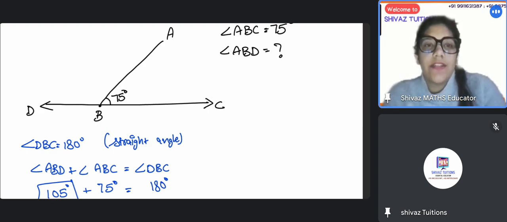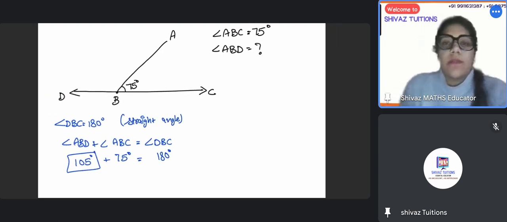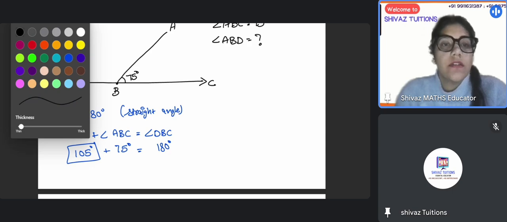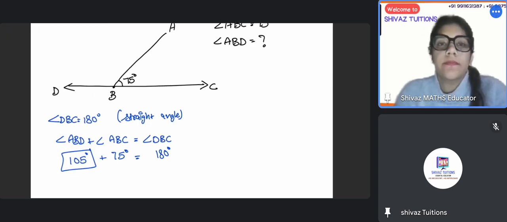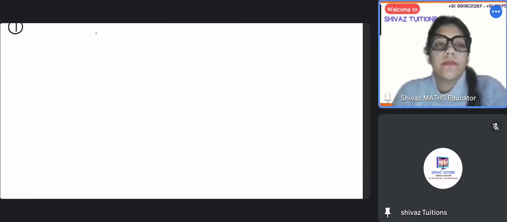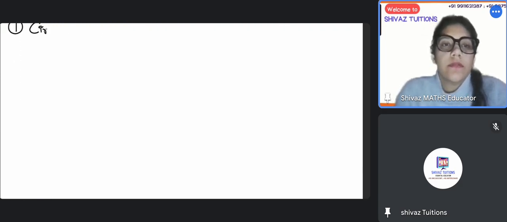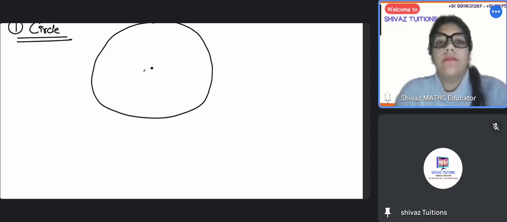Okay. Now let us talk about a few shapes. Firstly, a circle. Okay. So let's say this is my circle with a center O. This is my center O for the circle.